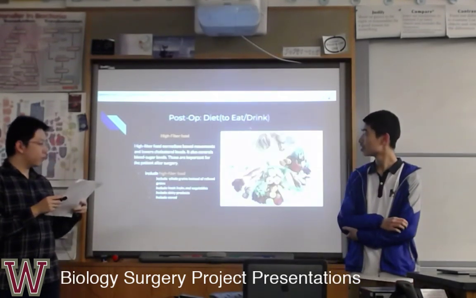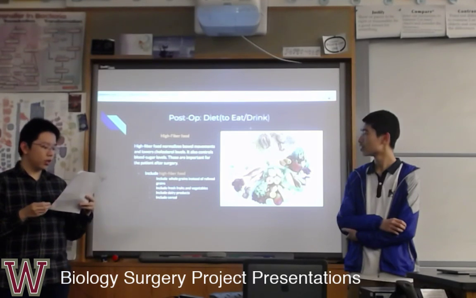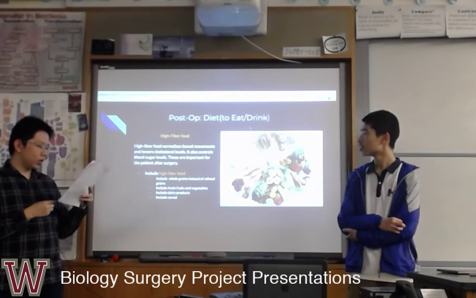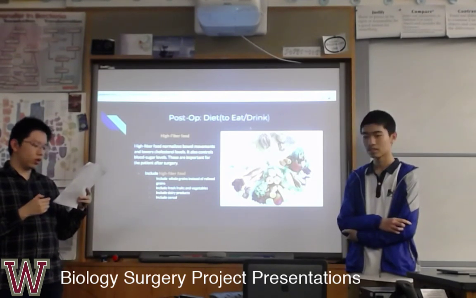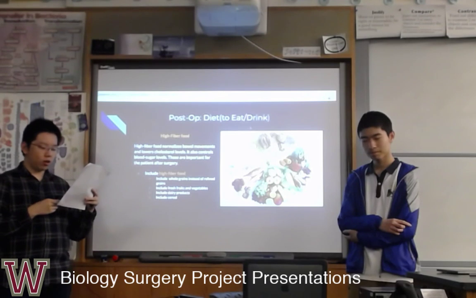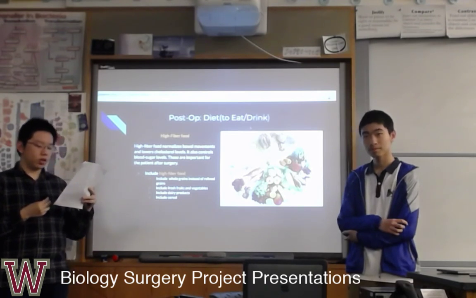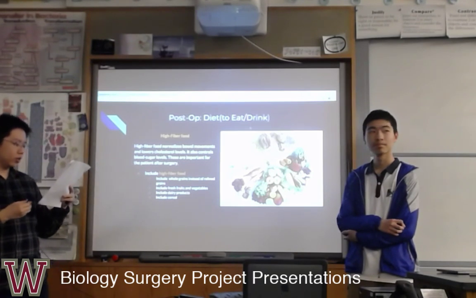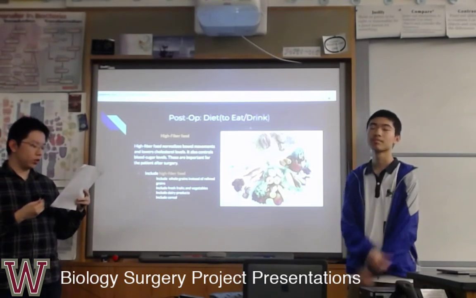Here's some food we can eat after the surgery. For example, the whole grain bread, which is made by whole grains, and we can choose those ones in darker color, because white bread is typically too refined to be a good resource for fiber.